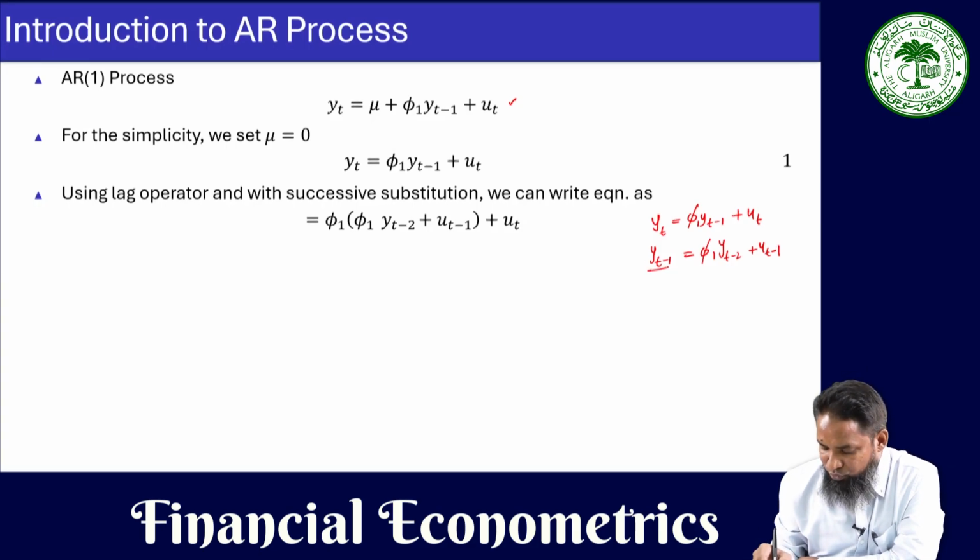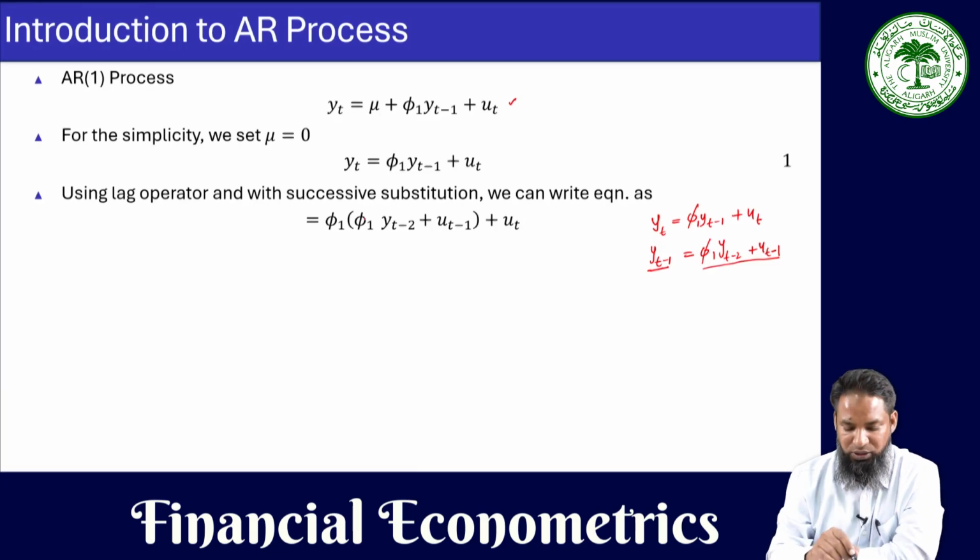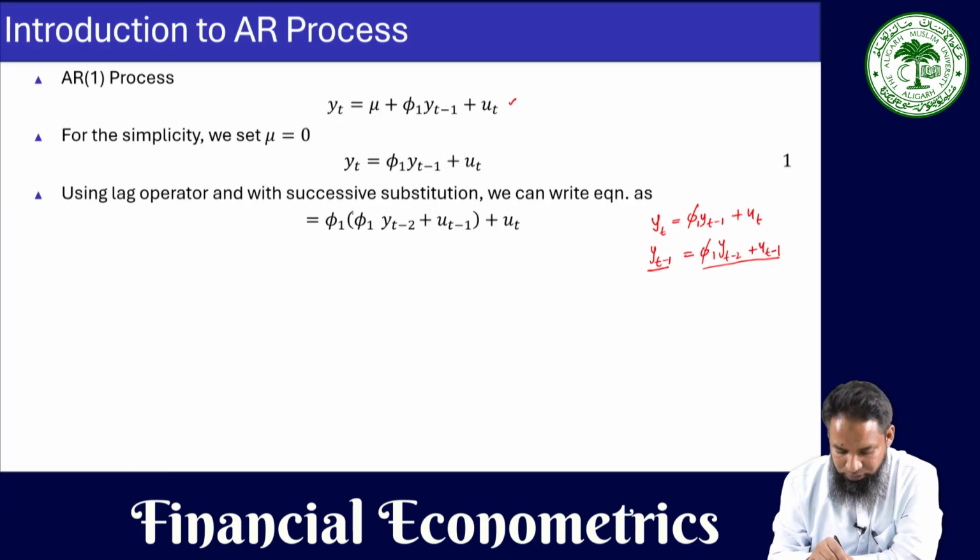Then we substitute this value into the equation. So here we have phi 1, and in place of y_{t-1} we write phi 1 y_{t-2} plus u_{t-1}, plus u_t.